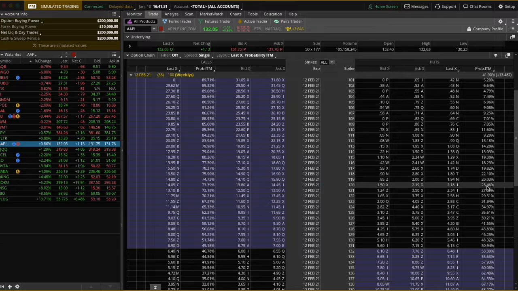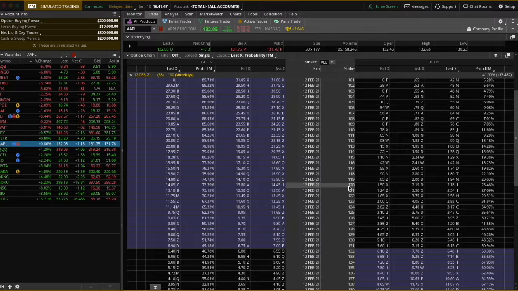Again, what this means is that there is a 23.46% chance that Apple stock price will be lower than $120 at the expiration date.